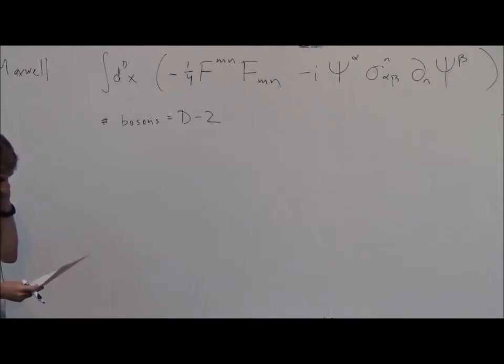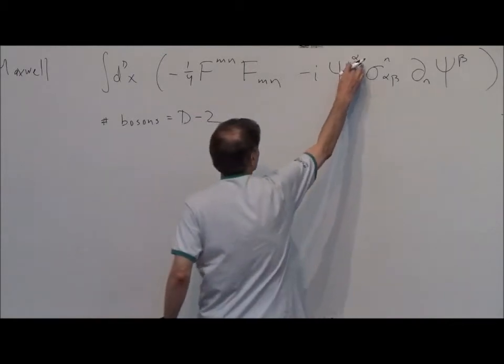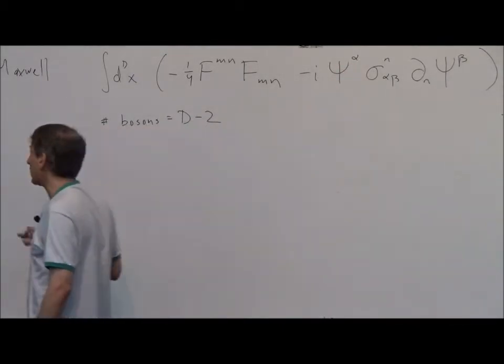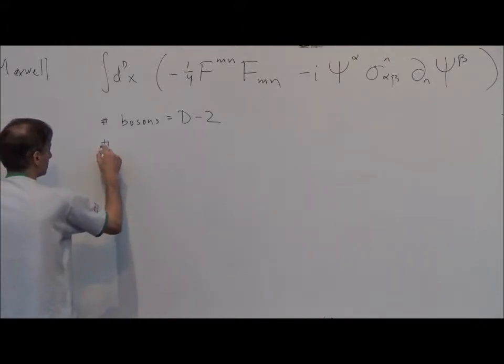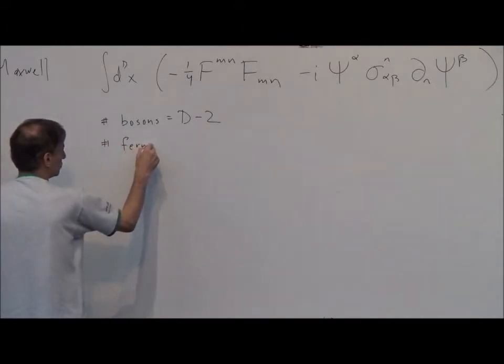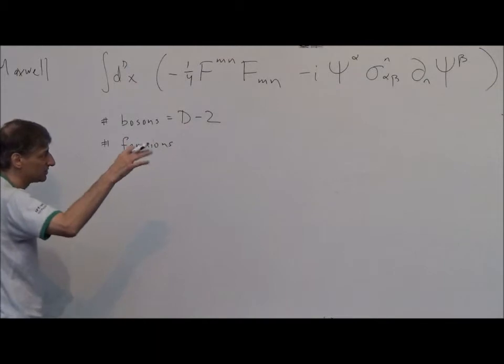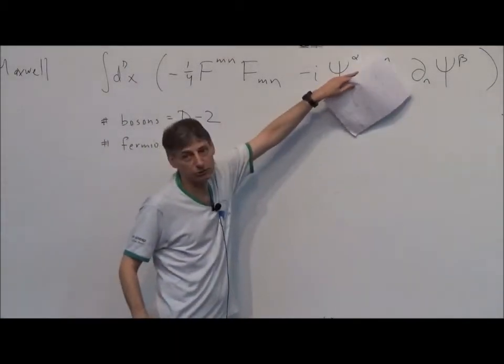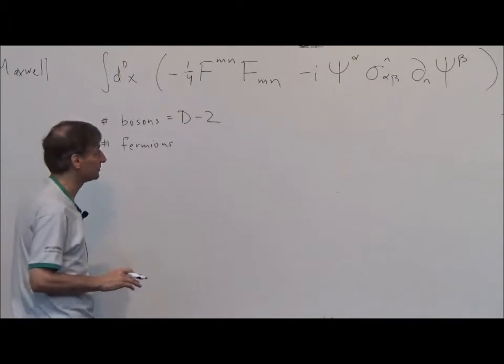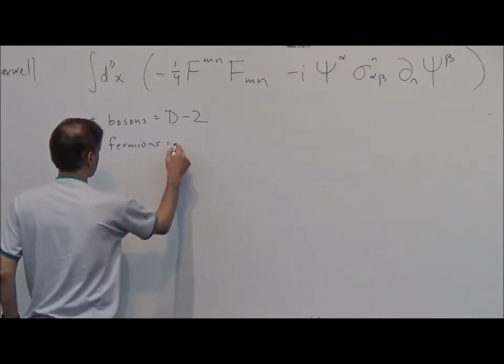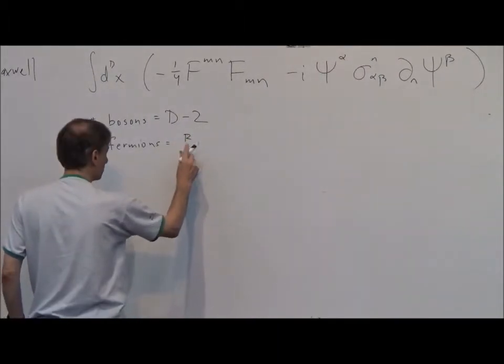What about fermions? That depends on the representation. Remember I was calling R the number of components of the spinor. The number of fermions is not equal to R because R is the total number of components. It's only R over 2, because on shell, half of the components of a fermion vanish. So this is equal to R over 2.